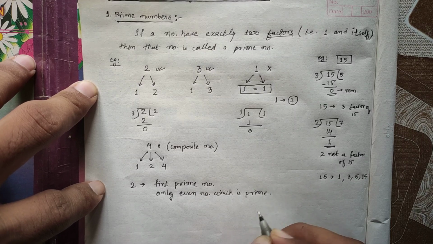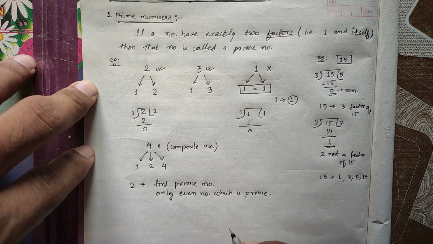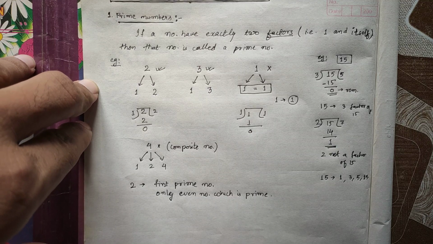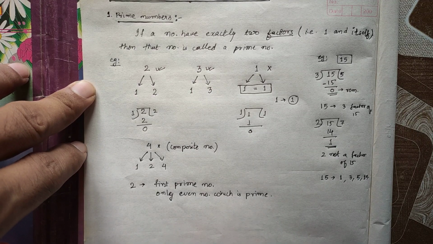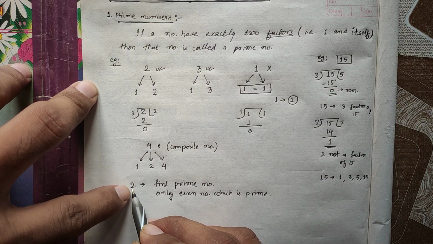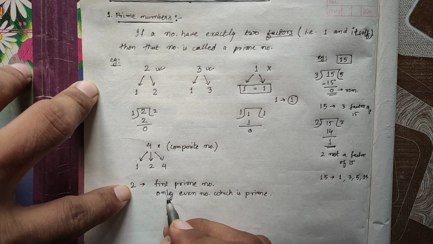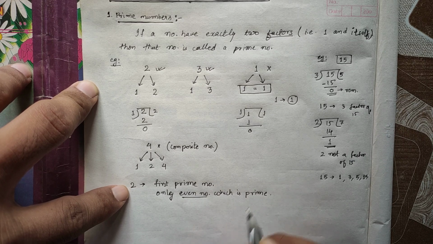No other even numbers are prime. We will discuss even and odd numbers in later videos. Let's not discuss them here. So 2 is the first prime number, and 2 is also the only even number which is prime.